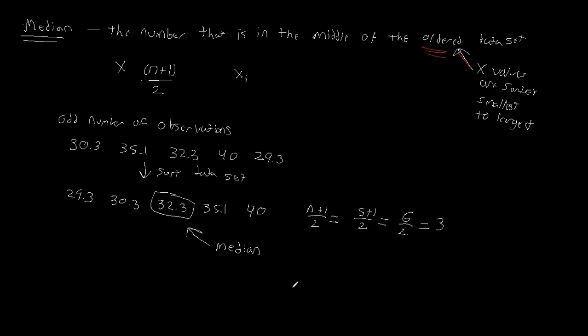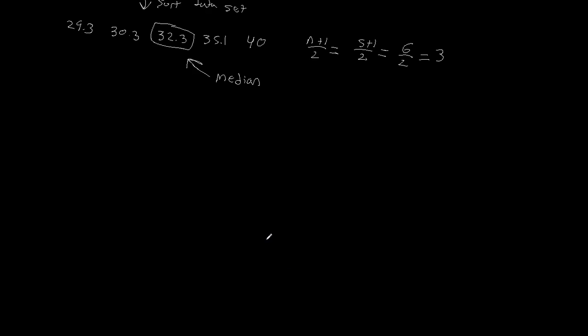Let's scroll down for a second and assume that you ran a 6th race. You got these 5, and now you have an even number of observations.